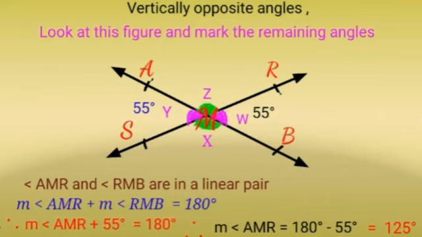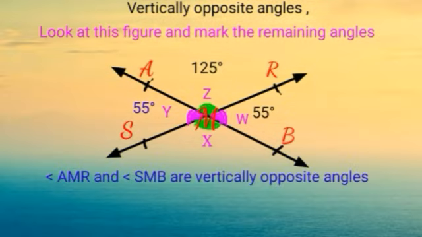Therefore, measure of angle AMR plus 55 degrees is equal to 180 degrees. From this, measure of angle AMR is equal to 180 degrees minus 55 degrees is equal to 125 degrees. Angle AMR and angle SMB are vertically opposite angles.